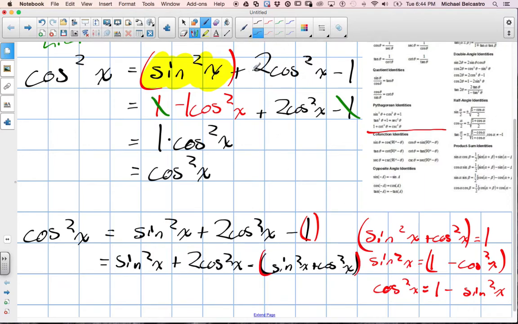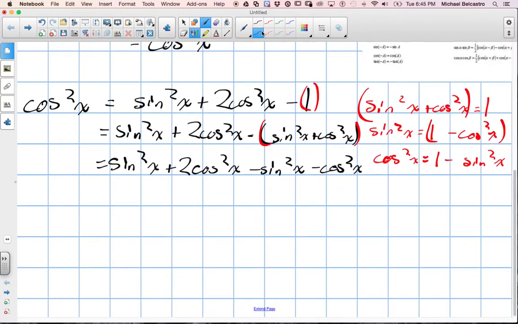I have negative 1 on the outside, so I have to distribute the negative to both of these before I can drop the bracket. So I get sine squared x plus 2 cos squared x minus sine squared x minus cos squared x. A different route. Let's start collecting like terms.